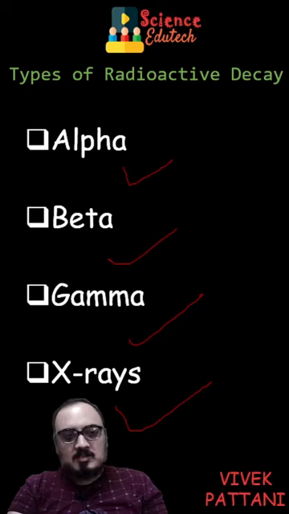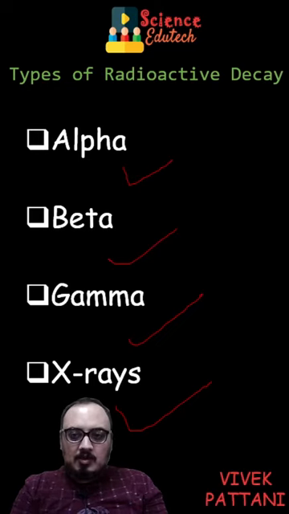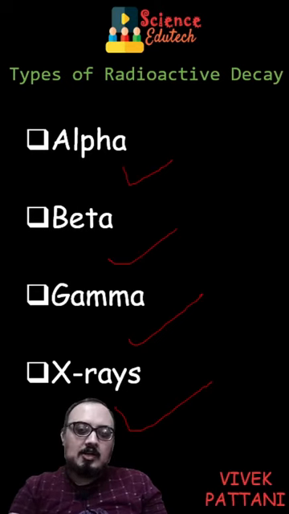These are some examples of the types of radioactive decay. What is alpha radiation? They are basically non-penetrating ones. Beta are somewhat penetrating ones. Gamma and X-rays are highly penetrating radiations.